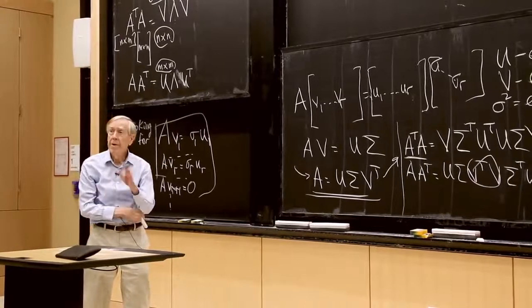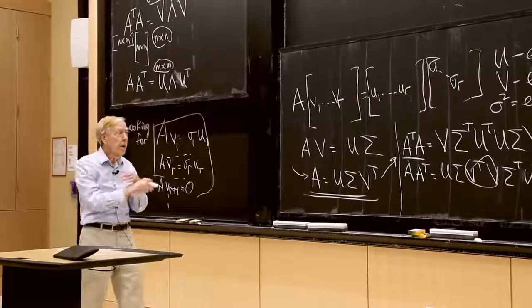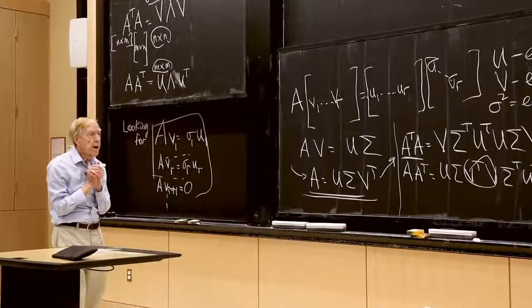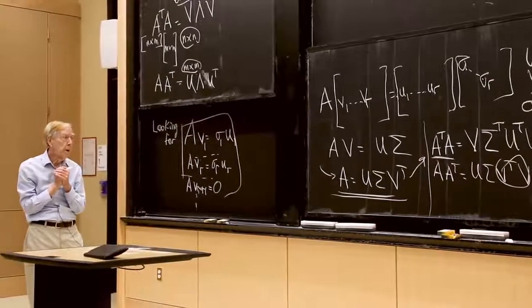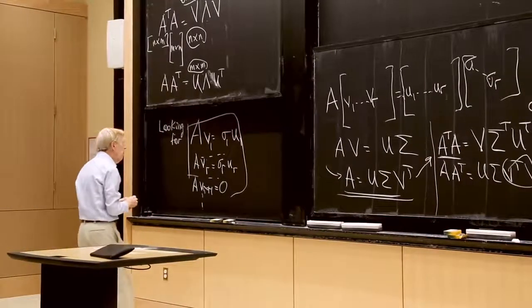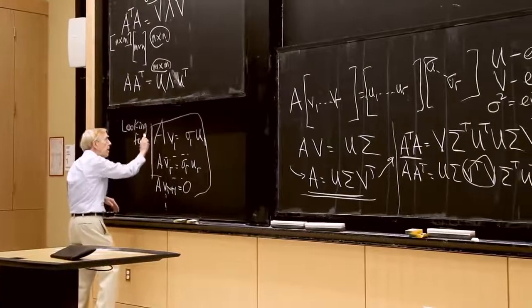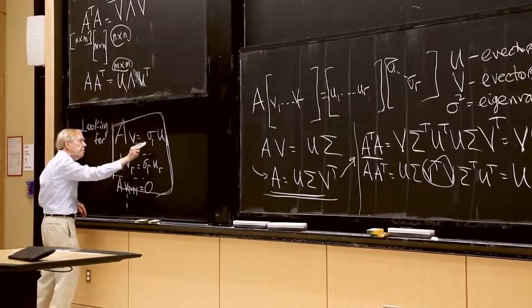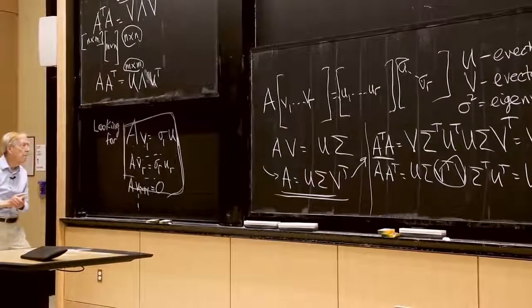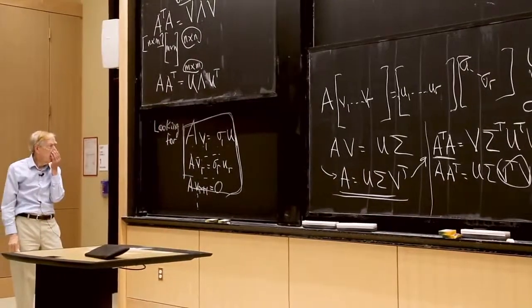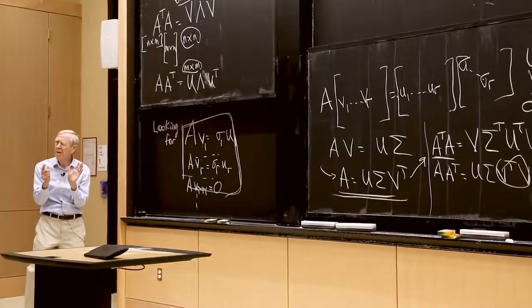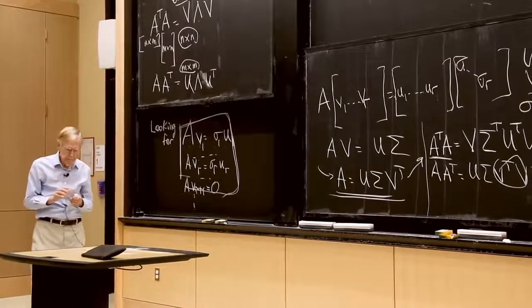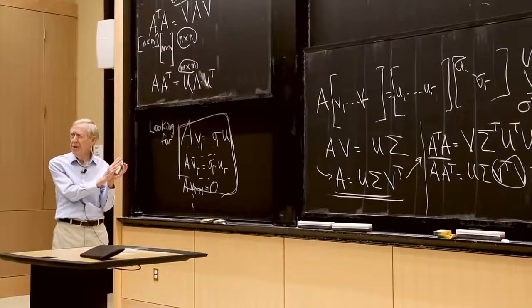And I just have to take the final step, and we've established the SVD. So the final step is to remember what I'm going for here. A times V is supposed to be sigma times U. See, what I have to deal with now is I haven't quite finished.